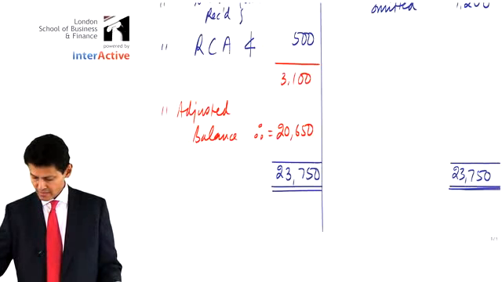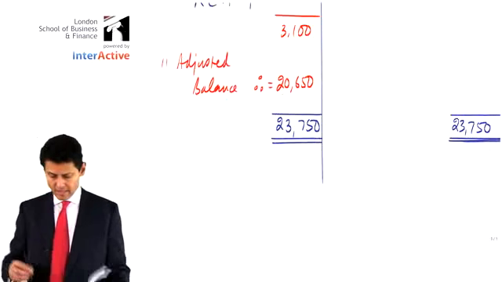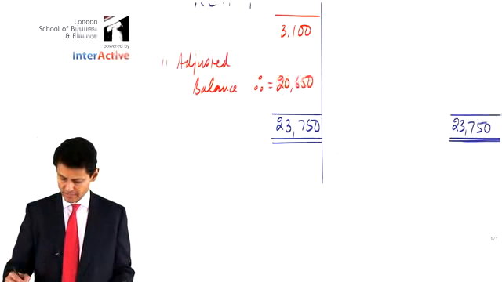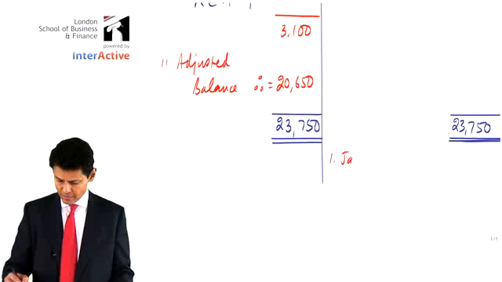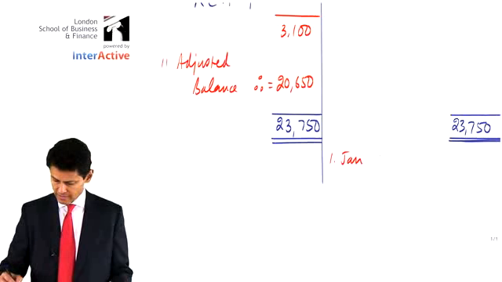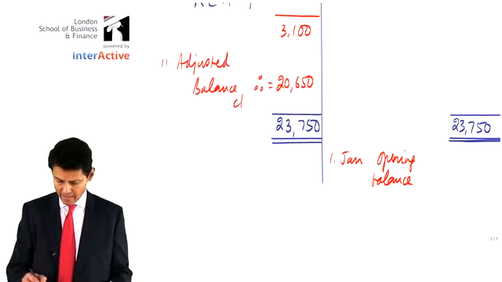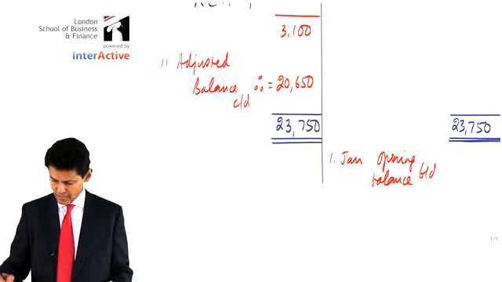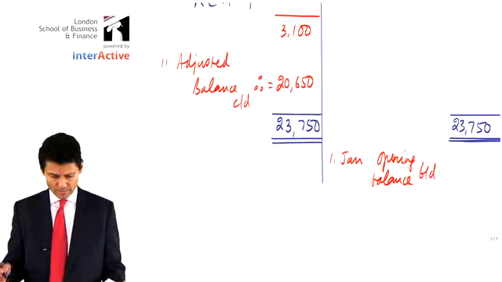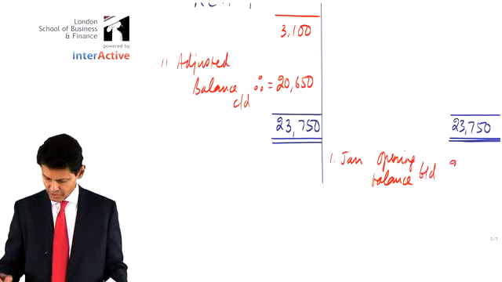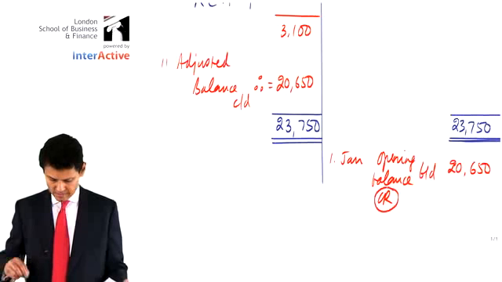What I might do, in fact, to make it look a little bit more complete, I'll bring that balance down, let's say on the 1st of January the next year. And so I'll say the opening balance. This is carried down, this one brought down. The one above is carried down, the one below is brought down. This is accounting convention. And that's 20,650. Notice it is a credit balance.